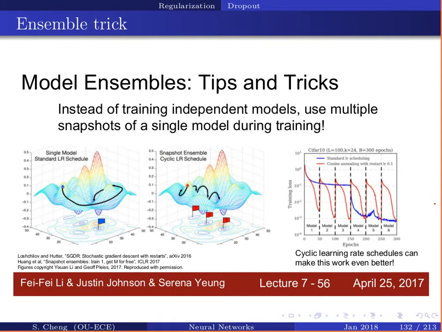I can't promise that, but I think it works most of the time. An important point is that you don't really pay extra for that, because when you keep training you always have those checkpoints. You just store these checkpoints and then do the averaging.